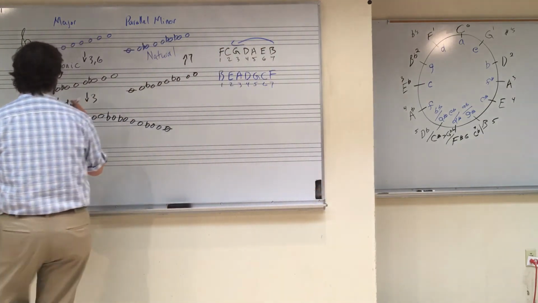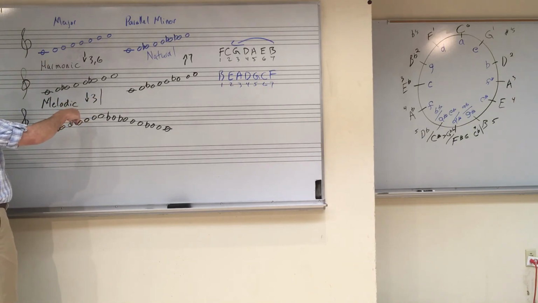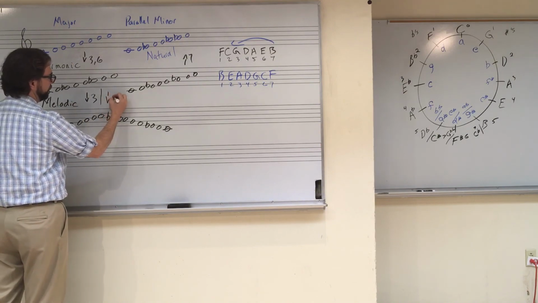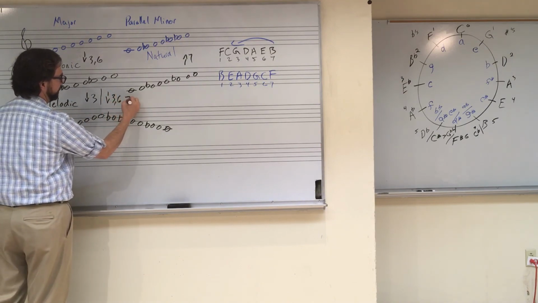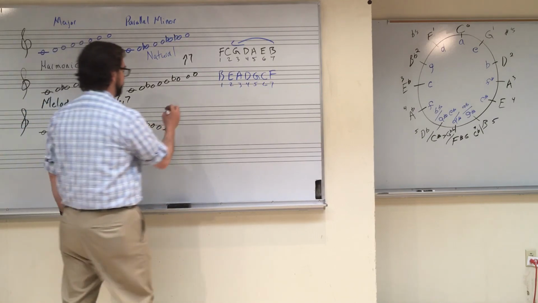So if you want to go from a major scale, on the way up, you lower the 3rd from the major. On the way down, you lower the 3rd, the 6th, and the 7th. If you want to go from natural minor, you have to do something a little different.